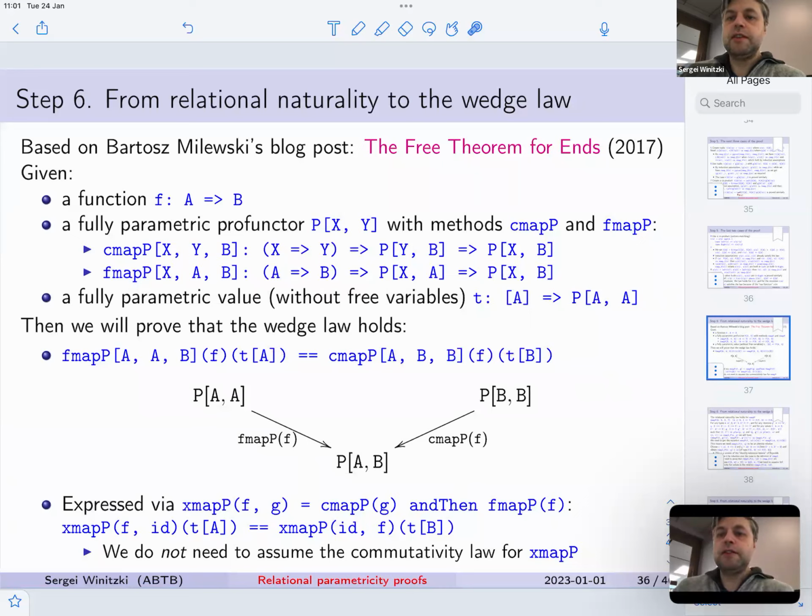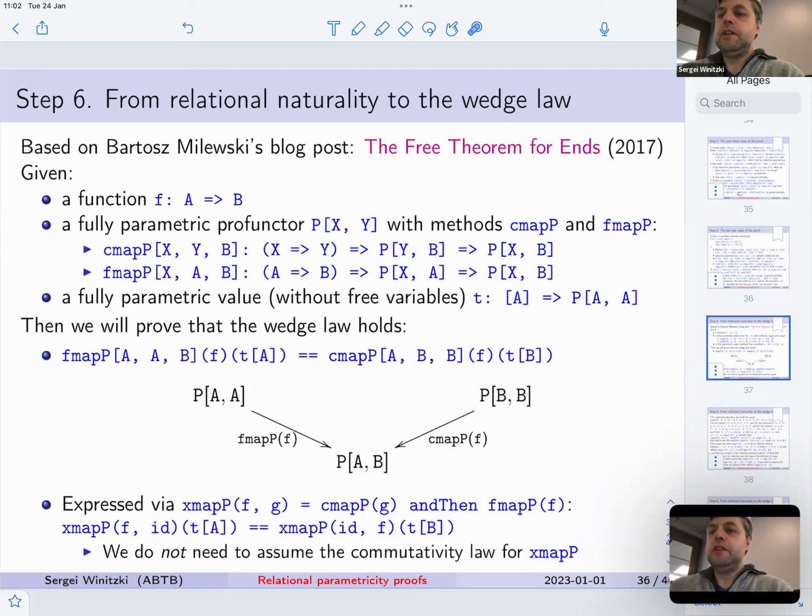Now, this equation says the value t applied to type A and the value t applied to type B satisfy this equation. So for any function f, for any types A and B. That's a pretty general law. And the diagram for types in this law is that we begin with two arbitrary values of types P of A A, P of B B. So these are not actually arbitrary.